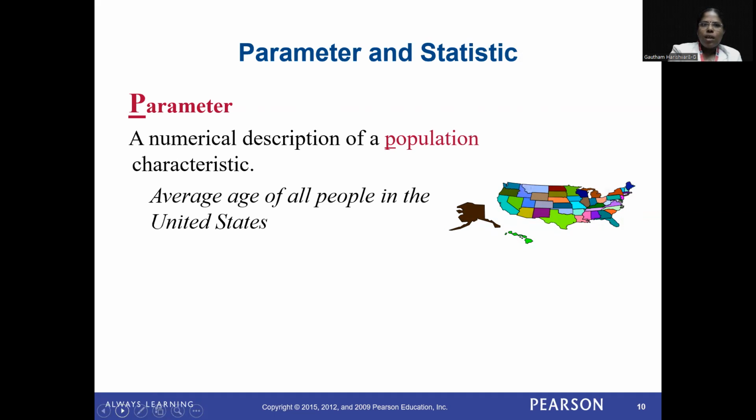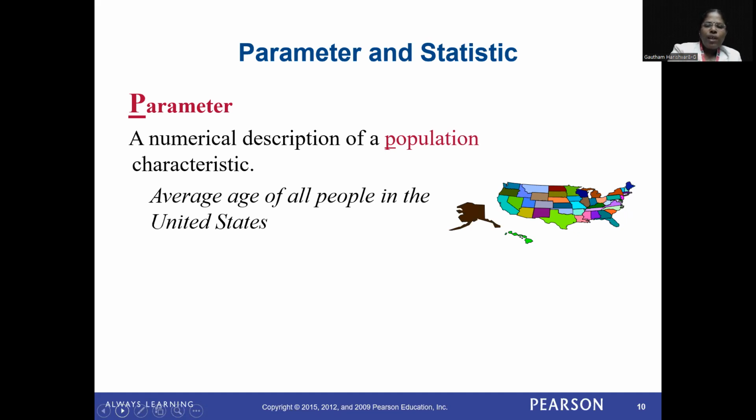First of all, please note that for parameter, the first letter is P. That's why we highlighted it here as a capital P. The definition of a parameter is a numerical description of a population characteristic. Statistics is a numerical description of a sample. So please correlate the letters, P for parameter and population, so you will not get confused between these two.